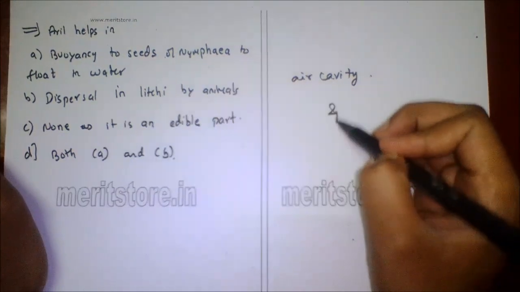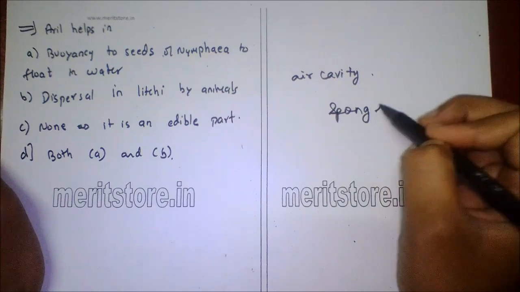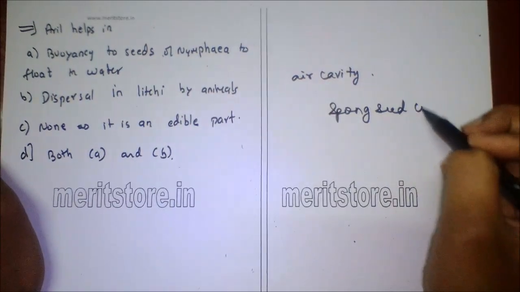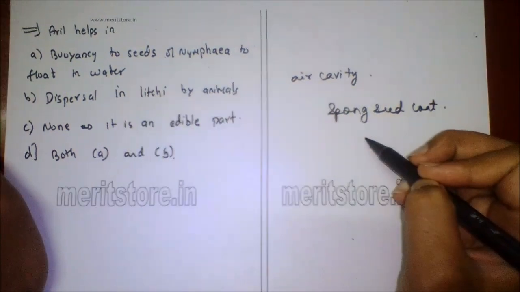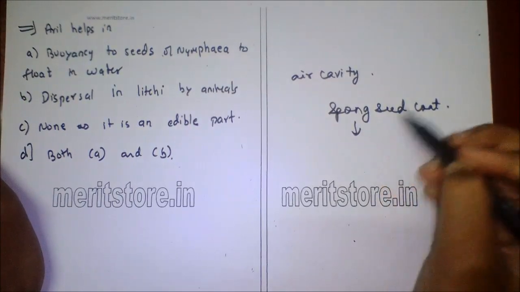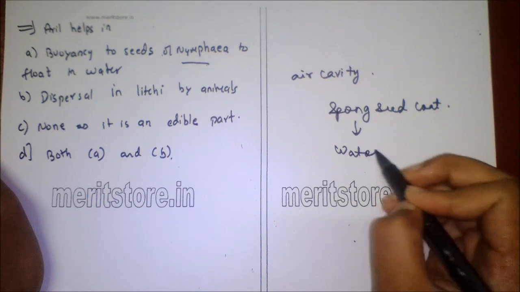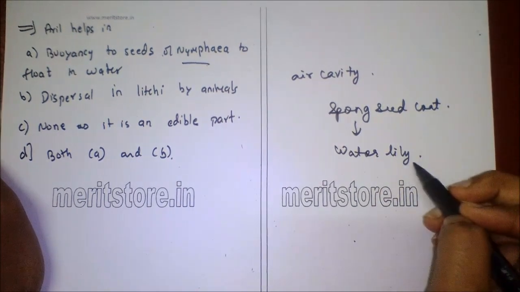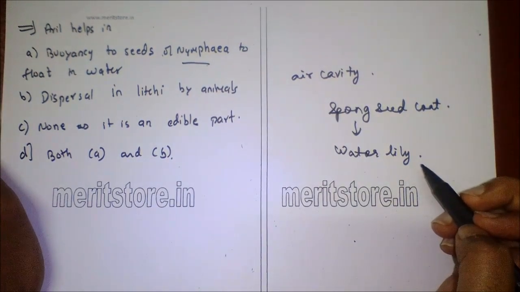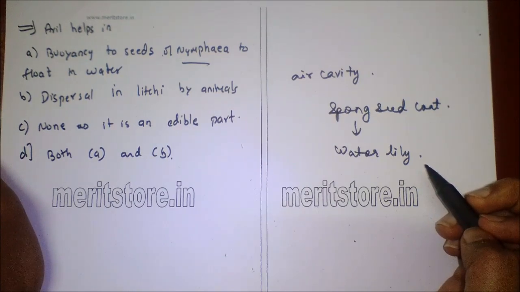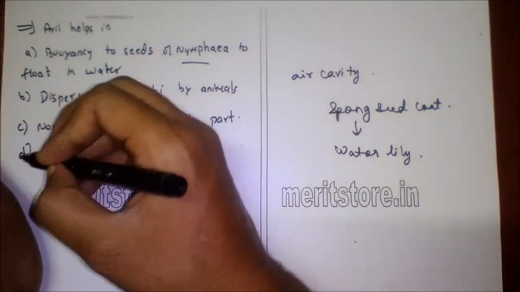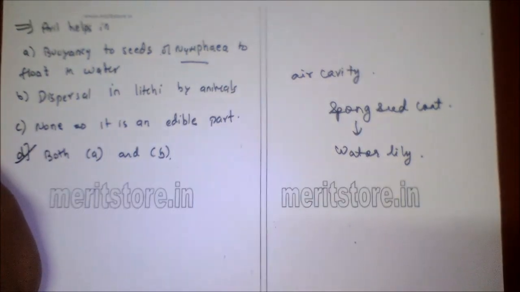Example, spongy seed coat of water lily. Water lily is Nymphaea. Aril in the seed of water lily helps the seed to float in water by giving buoyancy, and fleshy aril, a kind of third integument, is the edible part of lychee. So option D is the correct answer.